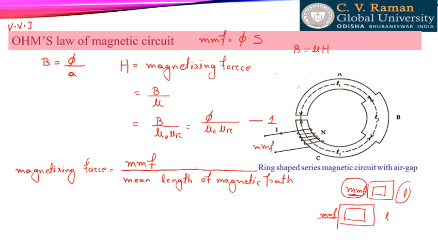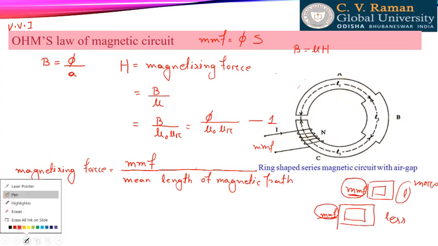Here the same amount of MMF is distributed along a long path. So magnetizing force is more here, less here. From this example, we can conclude that magnetizing force means MMF divided by the mean length of the magnetic path.